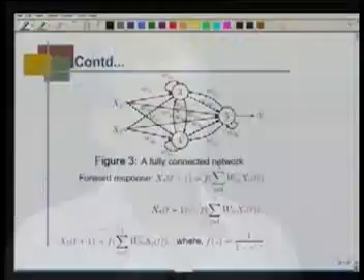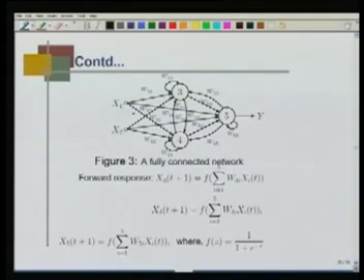Now, let us go to a little more complicated network. Is a complicated network very difficult to roll over time? No, it is not. Once we understand the principle, rolling over time is not very difficult. Now, for example, you see here, this is a fully connected network.